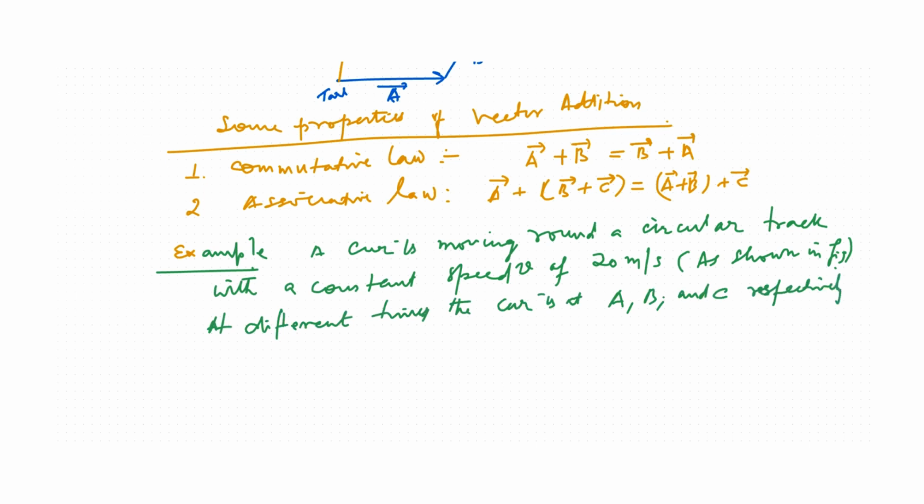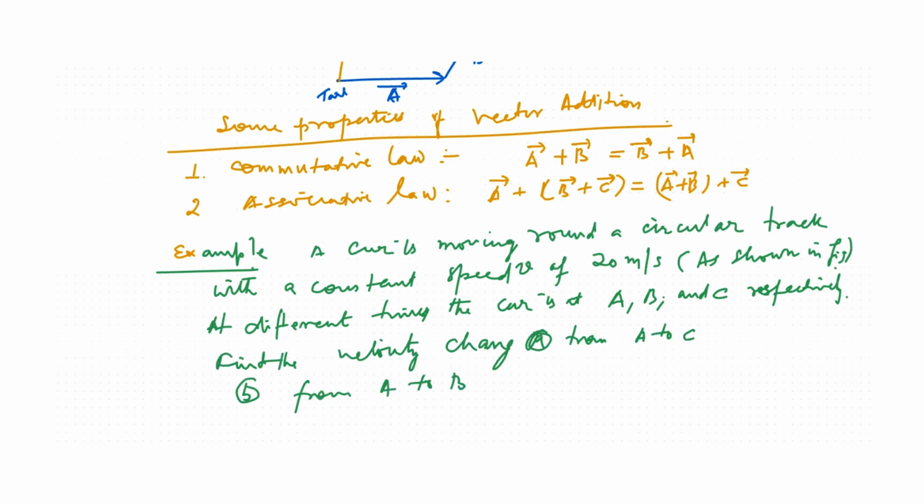Find the velocity change (a) from A to C. This was (a), and another is (b) from A to B.